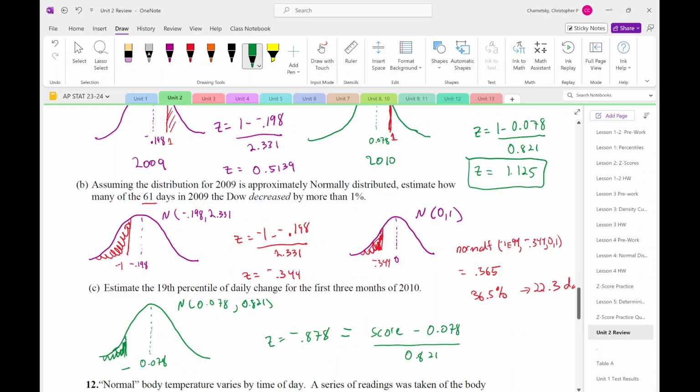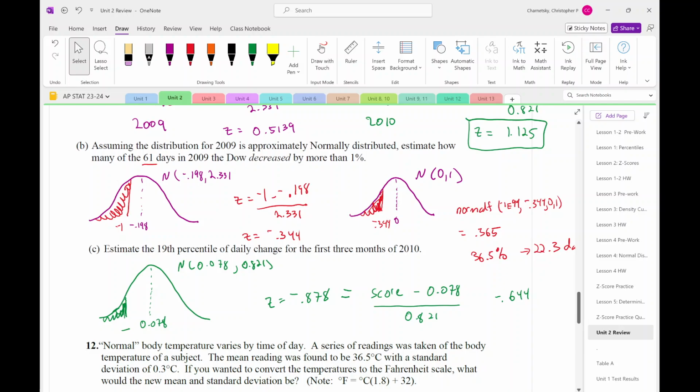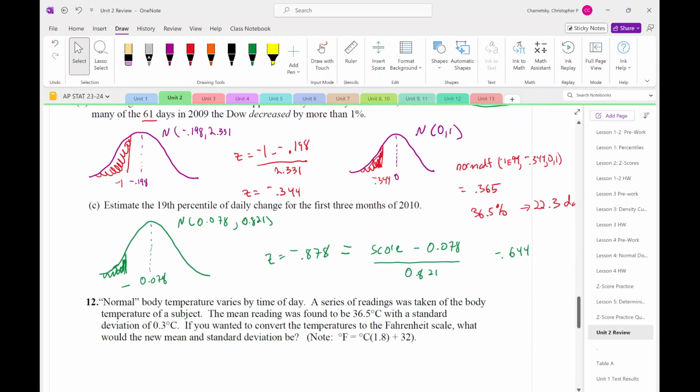And if we backwards solve for that, multiplying by 0.821 and then adding that 0.078, we get negative 0.644 or 64.4 decrease. Okay.